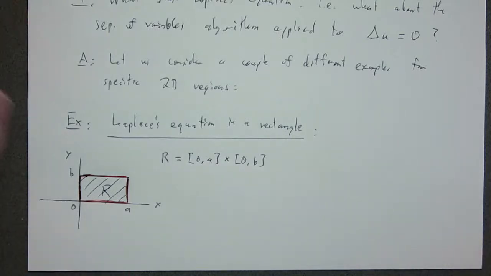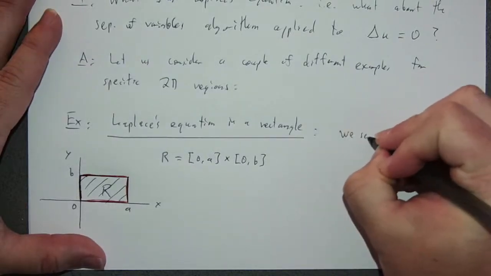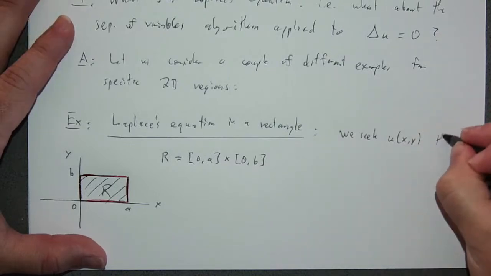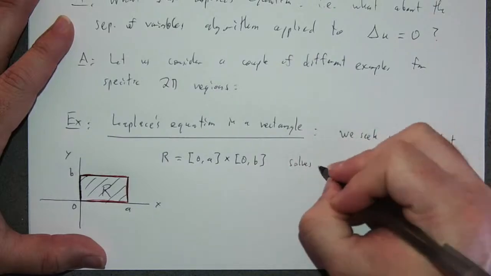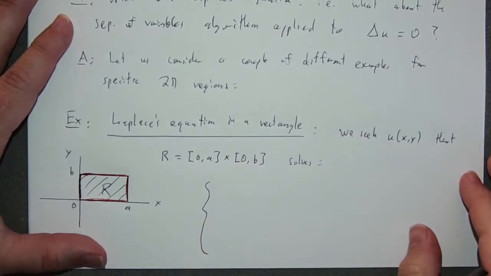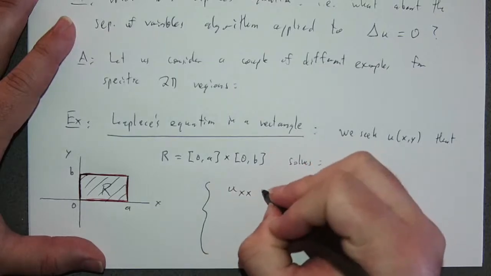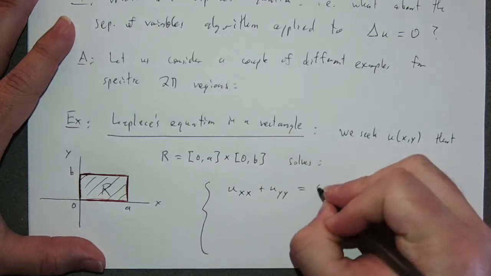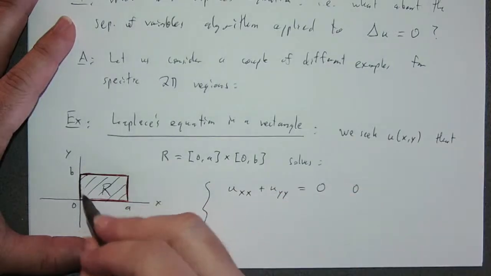So, for instance, let's say we seek a u(x,y) that solves the following problem on R. u sub xx plus u sub yy is equal to 0 when we're in the interior of the rectangle.